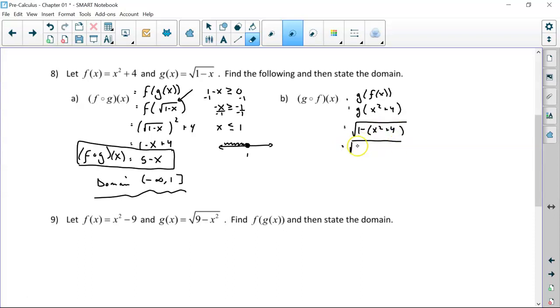So we're going to distribute the negative: 1 minus x squared minus 4. So it's going to be the square root of negative x squared minus 3. That's g of f of x.